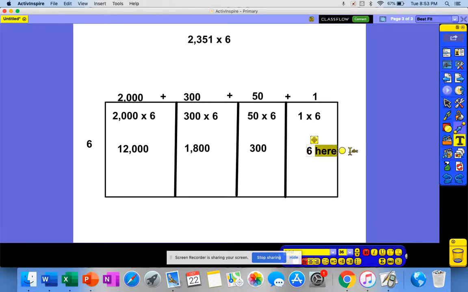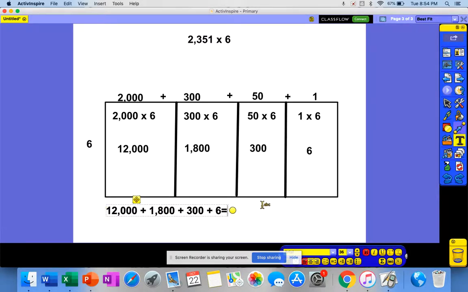Okay. Then they're going to add 12,000 plus 1,800 plus 300 plus 6.